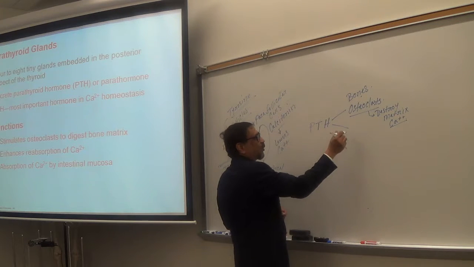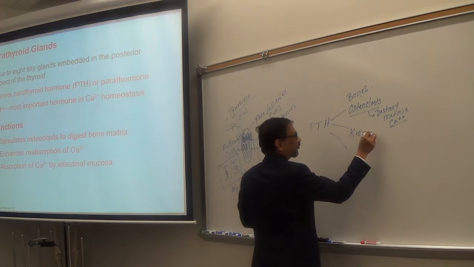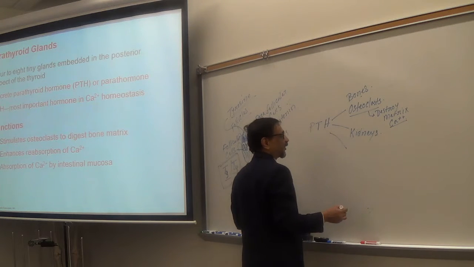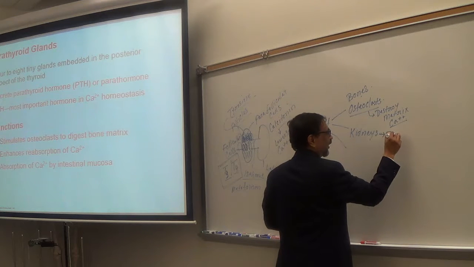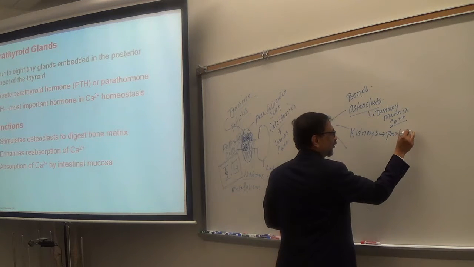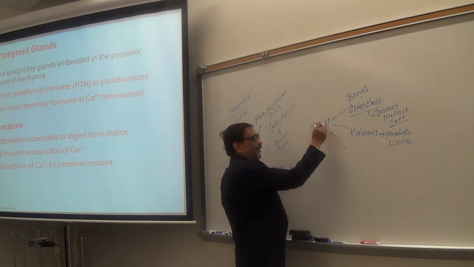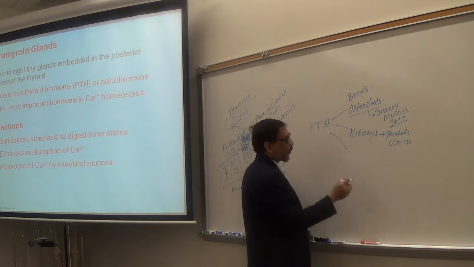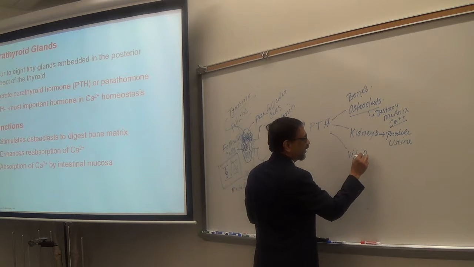Okay, so just stay here. Parathyroid hormone also works on the kidneys. Kidneys produce urine, we know that. Produce what? Urine. Very good. And parathyroid hormone also helps in vitamin D synthesis.